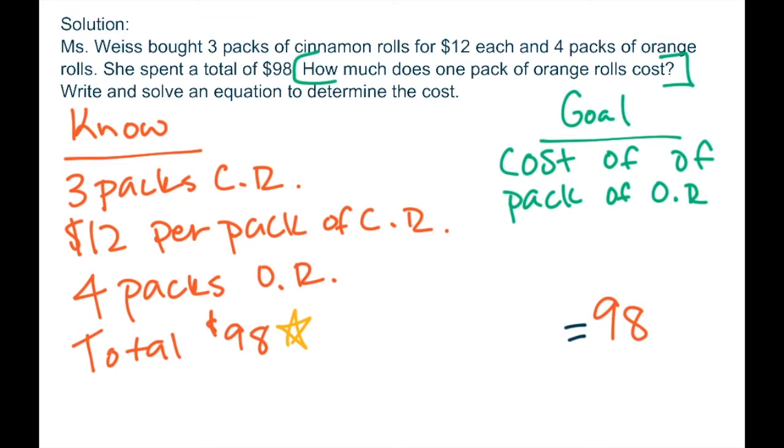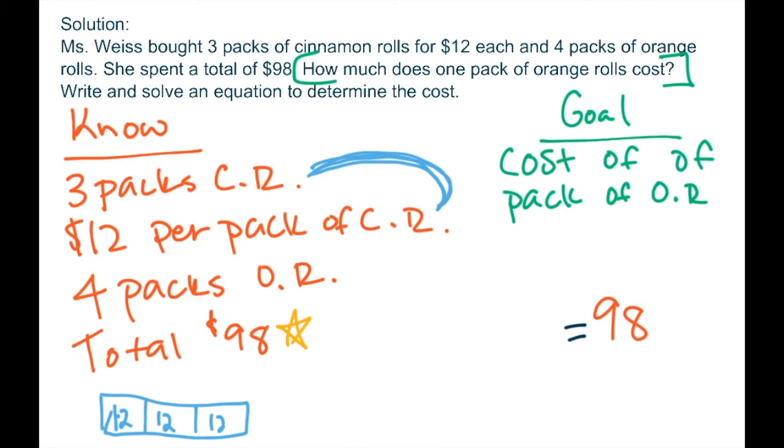I also know that I've got 3 packs of cinnamon rolls at $12 per pack. So we did a lot of this in the previous video, but if I use a tape diagram to say 3 packs and each pack costs $12, then I know the total for just the cinnamon rolls is going to be $36.